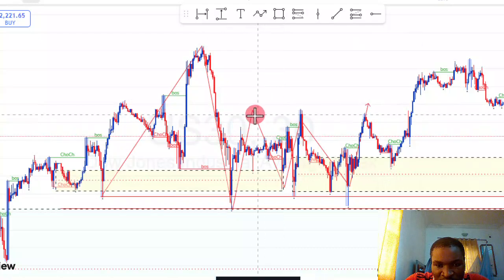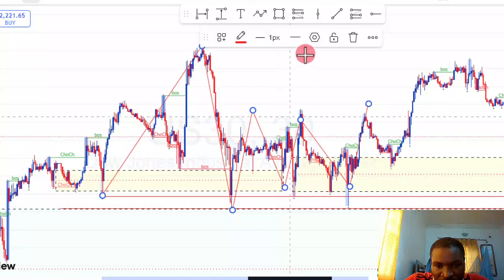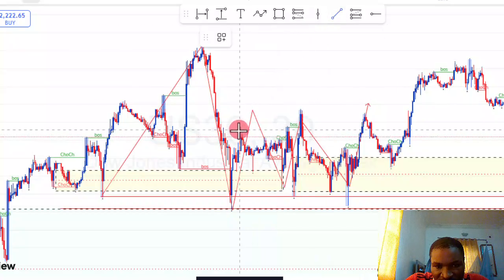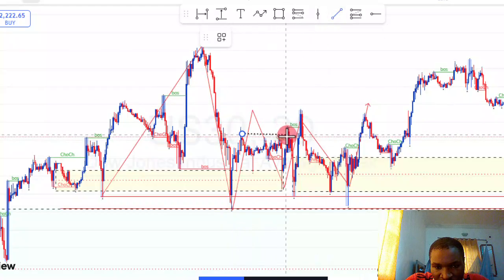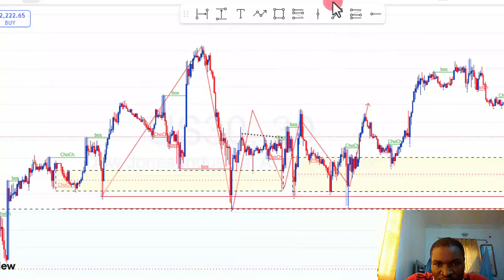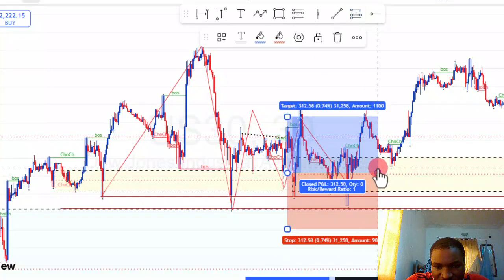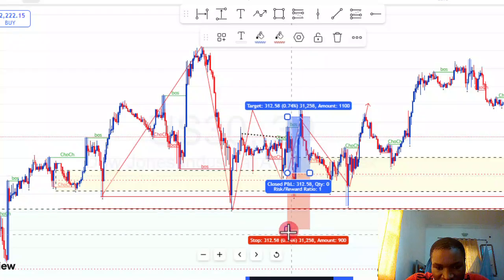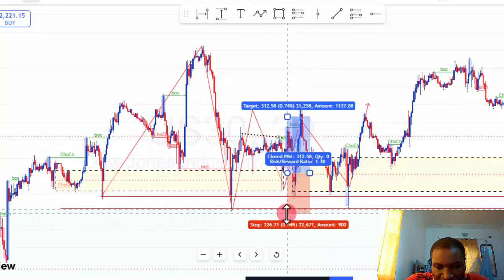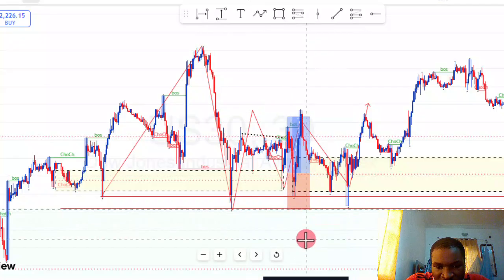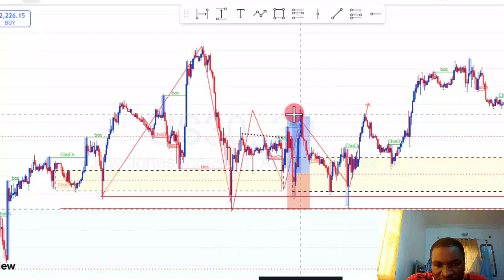Then there is a break of structure from this place. You can see it. My indicator is already showing it. Break of structure. Break of structure. So I was in this trade, putting my stop loss here.